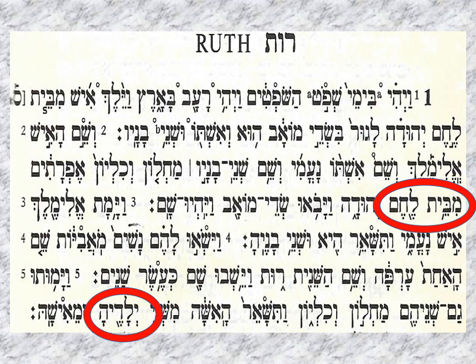Down here at the bottom of the page, we have a yod with a vocal shva. We know it's a vocal shva because it's under the first consonant of the word. A lamed with a qamets. Then we have a dalet with a segol yod. And then we have a hey with a qamets. So here we have yeladeha.